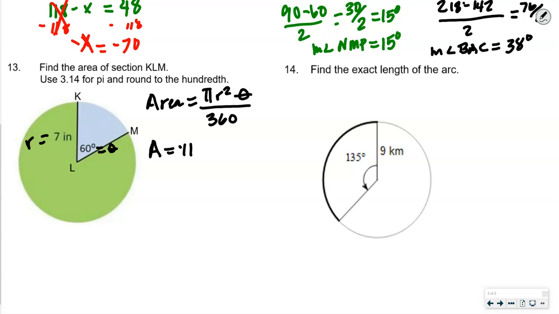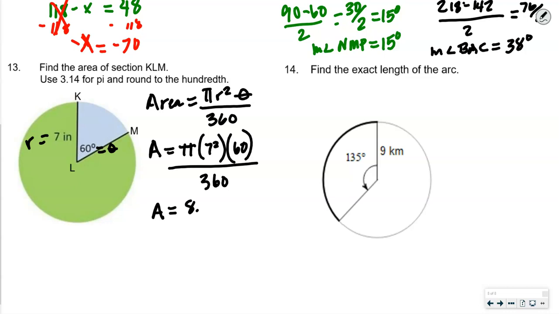So that's going to be pi times 7 squared times 60, and all of that divided by 360. Now remember, this says round to the nearest hundredth, so we're going to actually multiply by pi, okay? So you can do exactly what's up on top and then divide it all by 360. I typically just wait to the end to multiply by pi.